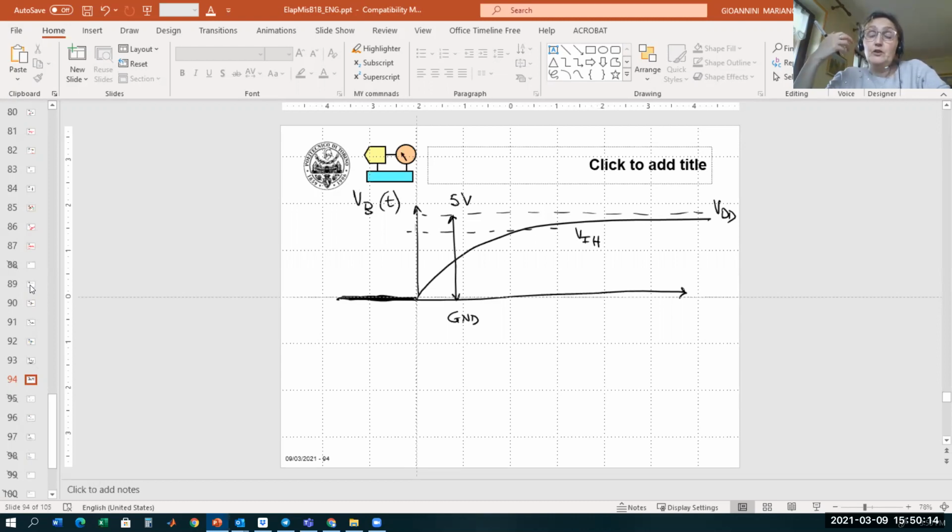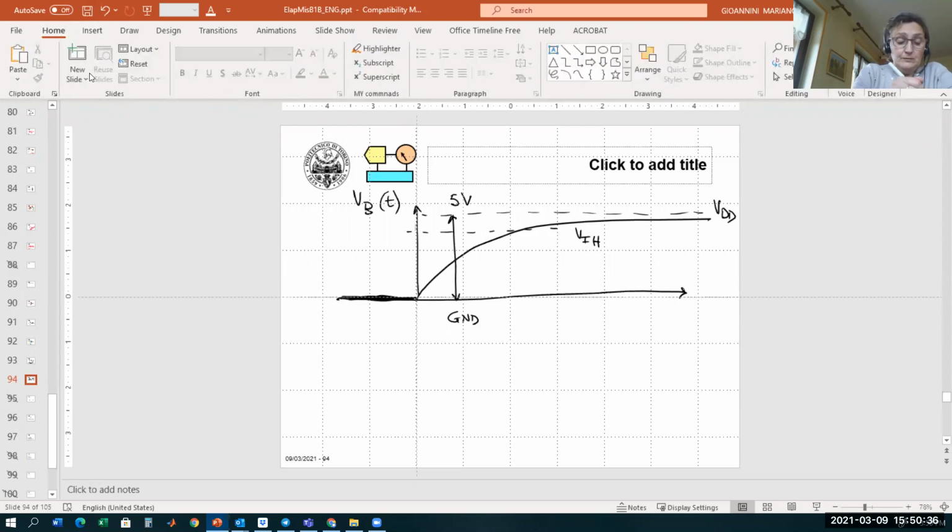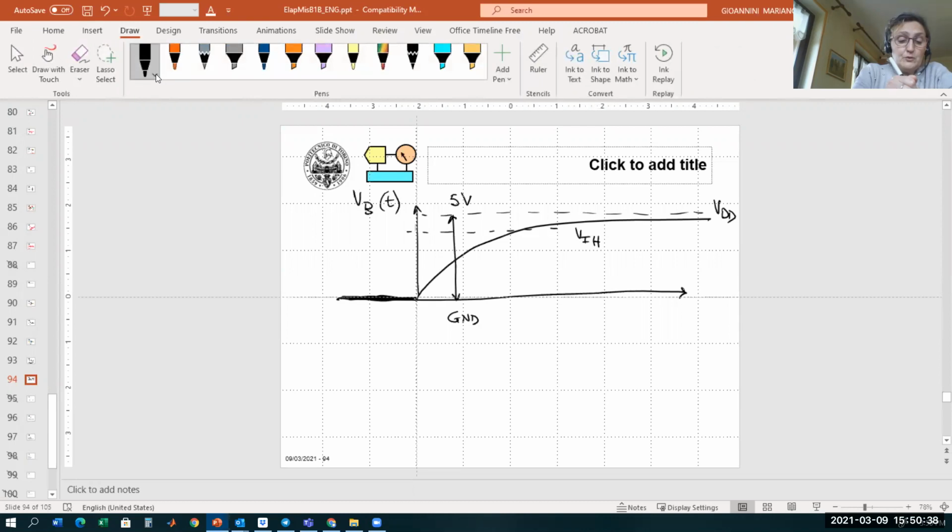If you rely on a logic family where VDD is reduced, so if you rely on another technology which makes transistors with a smaller threshold, what will you have?